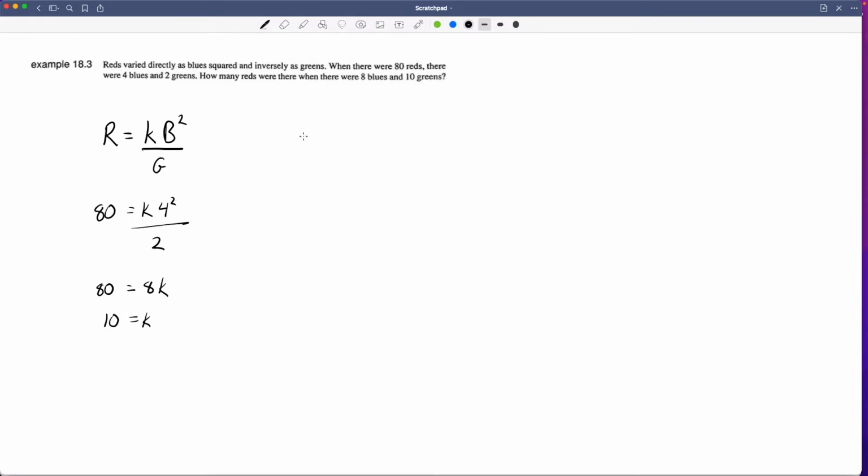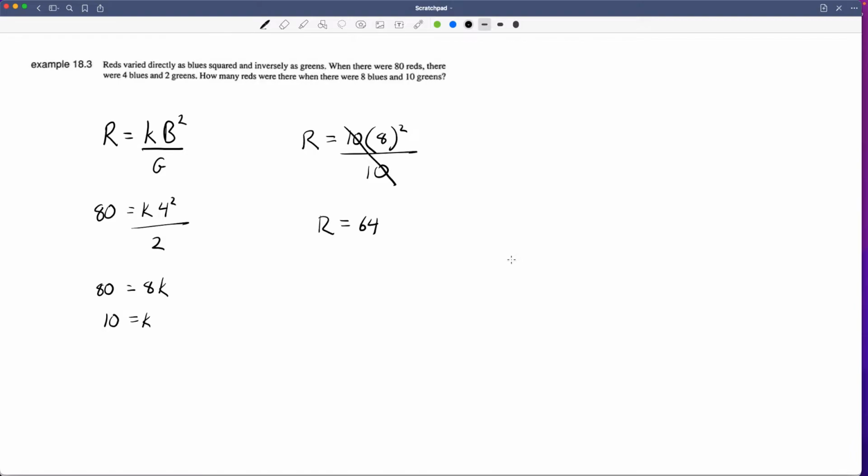So how many reds were there when there were, because the 10 is my constant, 8 blues and 10 greens? So 10 over 10 cancels. So there were 64 reds. Easy peasy.